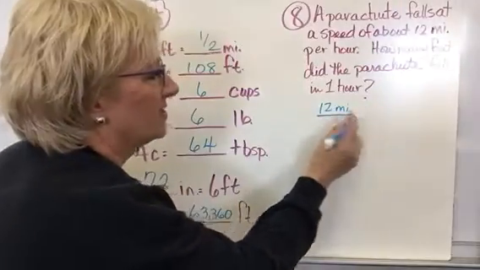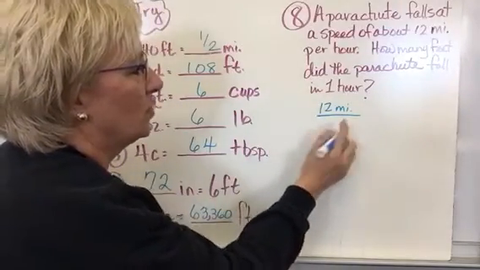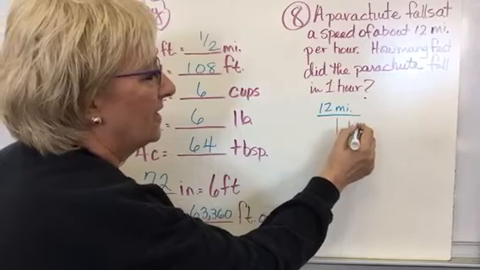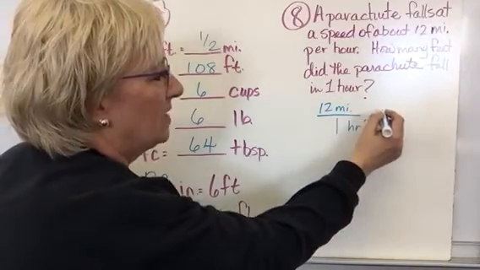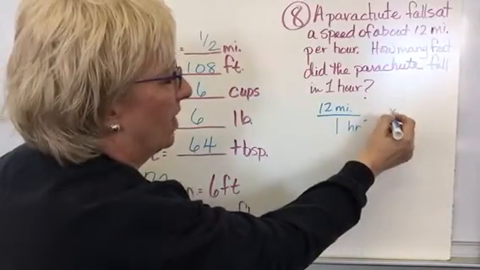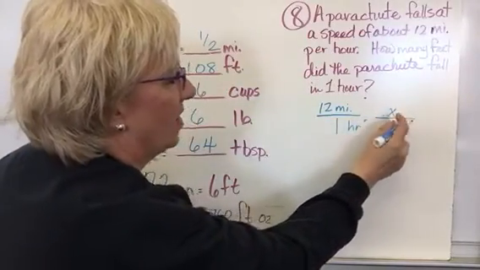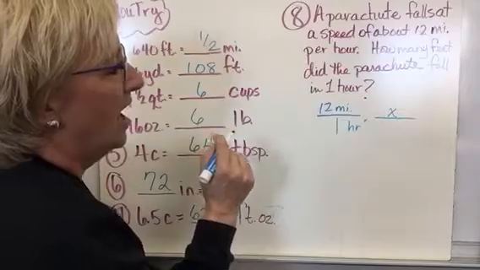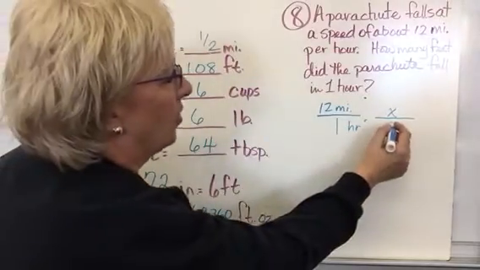So I'm going to come over here and say 12 miles is equal to 1 hour. The same thing, how many miles did it fall in x over how many hours? And then we're looking for 1 hour.